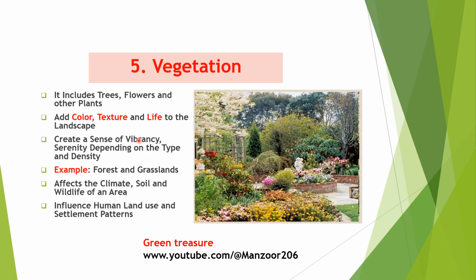It creates a sense of vibrancy because plants are with diverse colors and textures and life cycles, and they infuse an environment with energy, liveliness, health, and dynamic quality. So vegetation creates a sense of vibrancy, serenity, depending on the type and density.